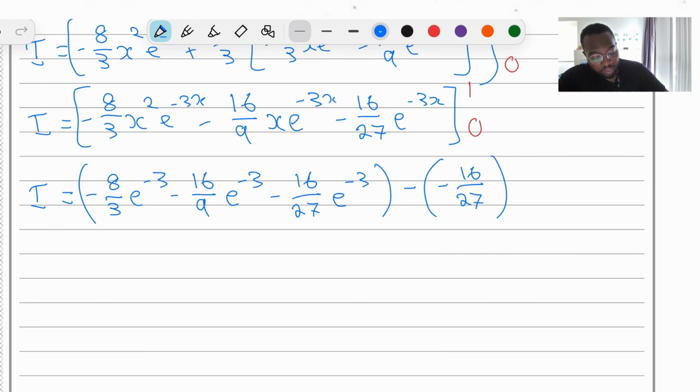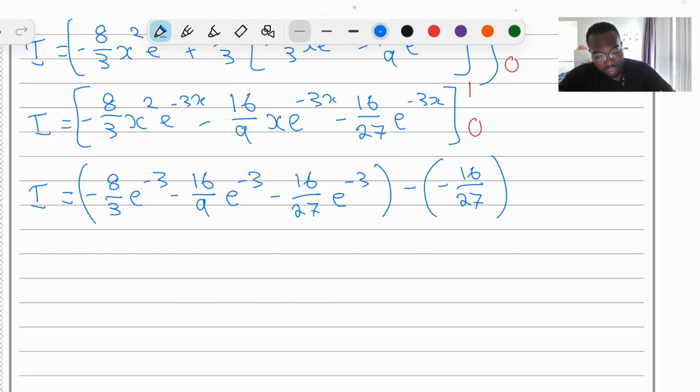And if we were to simplify this down, as you can see, for that first brackets, everything is e to the minus 3, so we can put them all together. If we do minus 8 over 3, minus 16 over 9, minus 16 over 27, if you add them all up, what do you get?